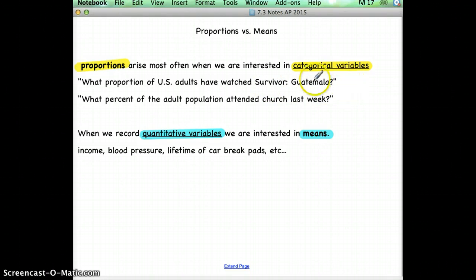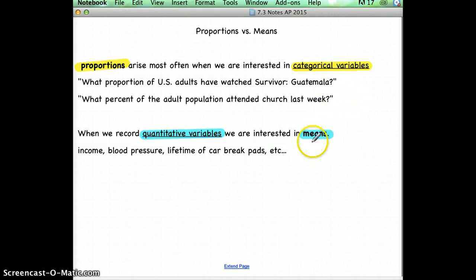It'll be a percent or a proportion. Or like this: what percent of the adult population attended church last week? It'll be a percent, this many out of the total. That's a proportion. So that's when you're dealing with yes or no questions, counting the number of people who said yes, that sort of thing.